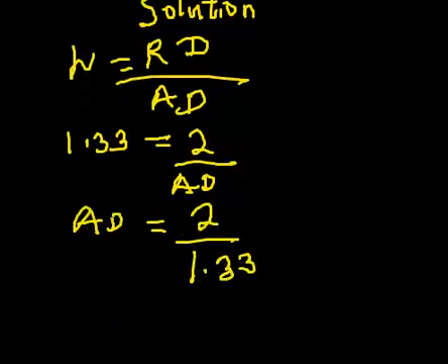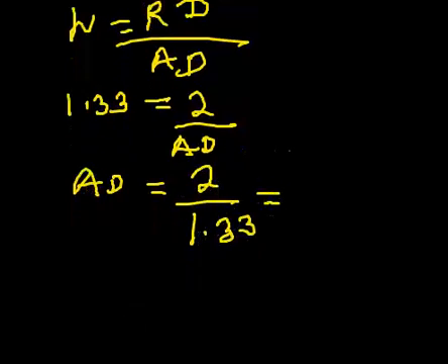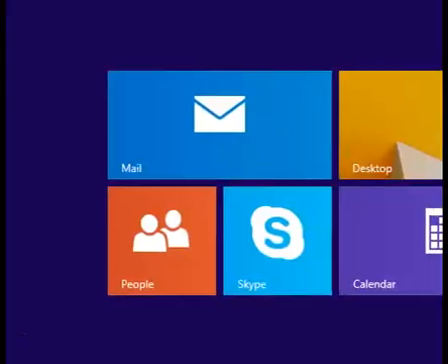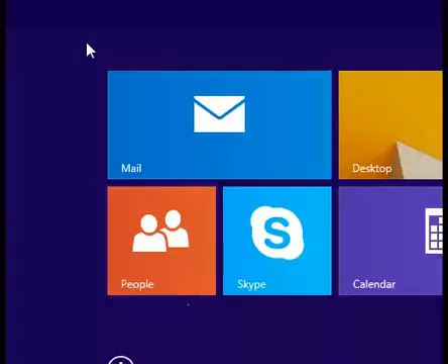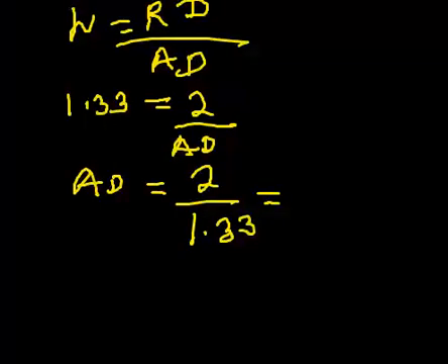What do we have? Let's get a calculator. So I have 2 divided by 1.33, and that gives me approximately 1.5.